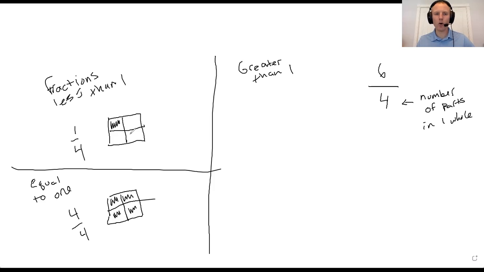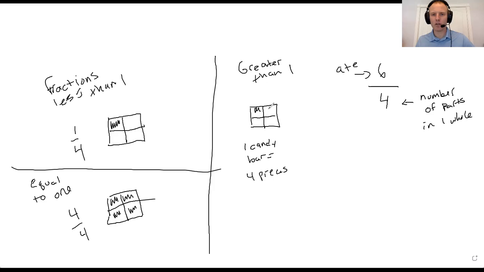So in my one whole candy bar over here, each whole candy bar equals 4 pieces. So this is saying that each whole has 4 pieces, but this is how many I ate. I ate 6 pieces. So all right, I ate 1, 2, 3, 4. Uh-oh, I don't have 6 yet. So I need to go into an entire another candy bar.